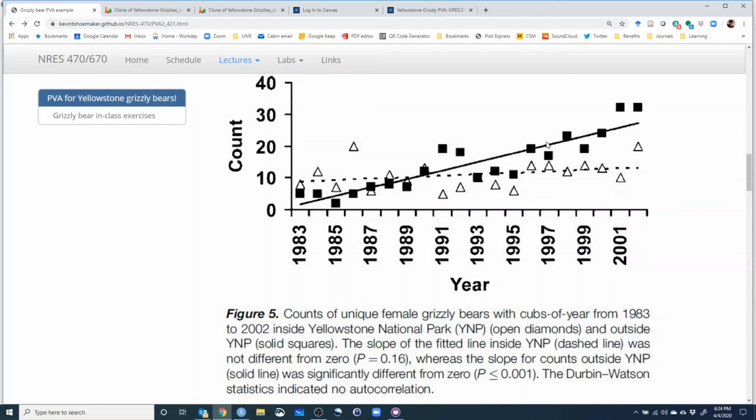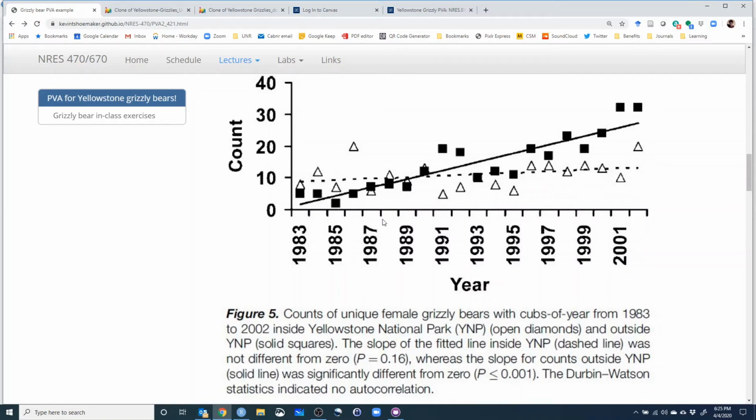That is, this area outside Yellowstone Park, but adjoining Yellowstone Park. So if you add up the two, you get all the reproductive female bears in and around Yellowstone Park, and that's the area that we're interested in. So just think about adding those two together for every year, and that gets an estimate of abundance.